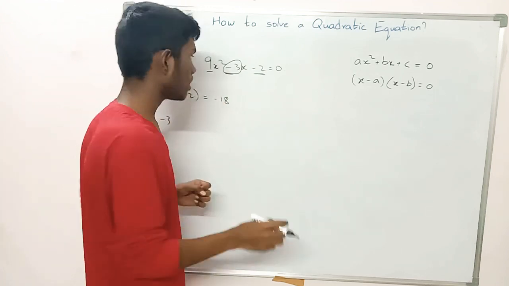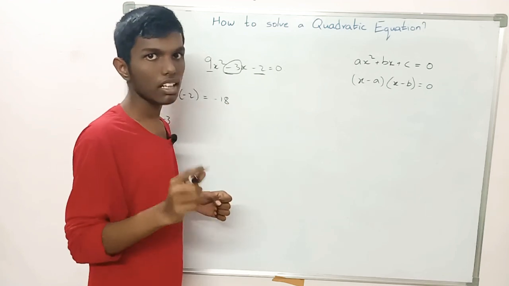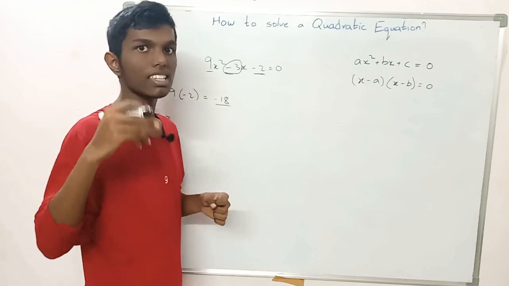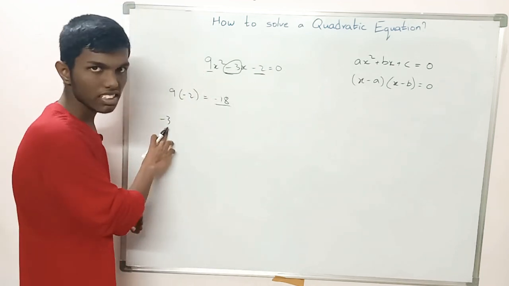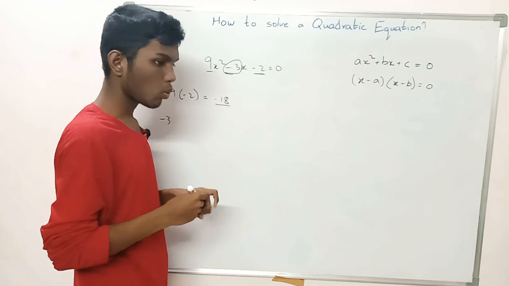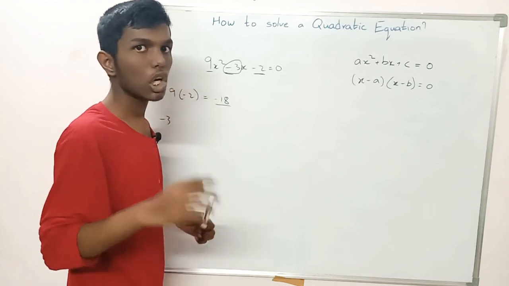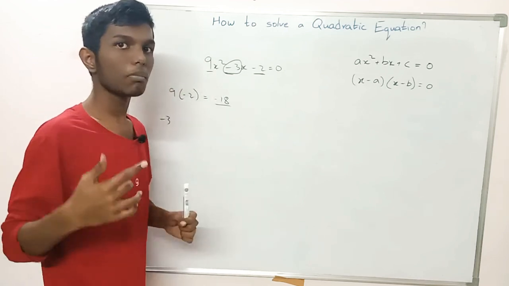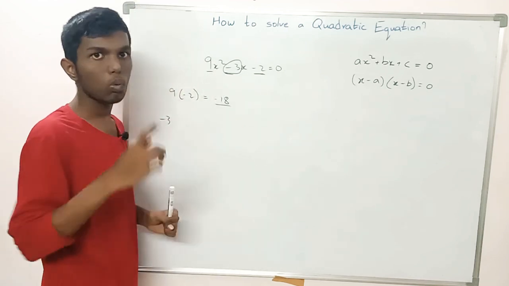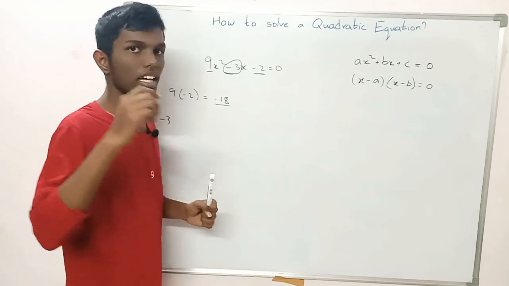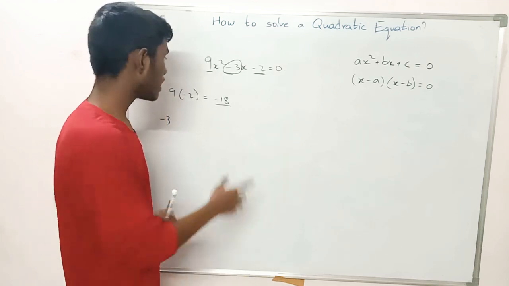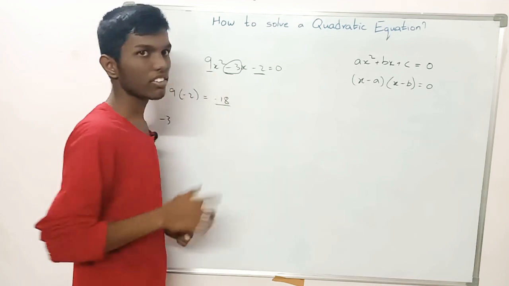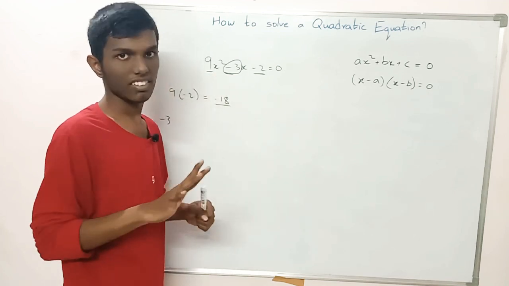Now the third step is to find a pair which when multiplied gets minus 18 and when summed up gives you minus 3. I am repeating it again: we have to find a pair which when multiplied should get minus 18 and when summed up should be minus 3. Why? Because if a pair exists that satisfies this condition, then it is factorized. If not, it is not factorized.